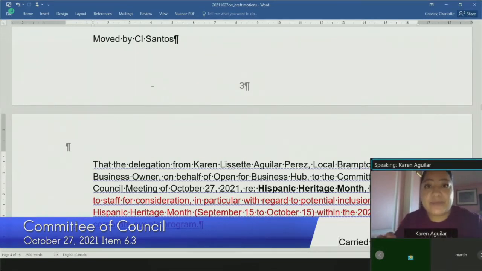So while collectively it would be a month-long celebration, within the month we would be able to showcase individual countries so that it's all inclusive. They're all able to bring to the table their individuality and what sets them apart amongst that kaleidoscope.